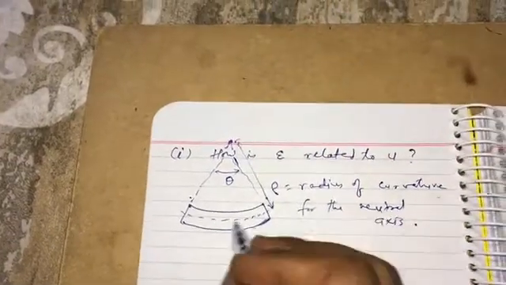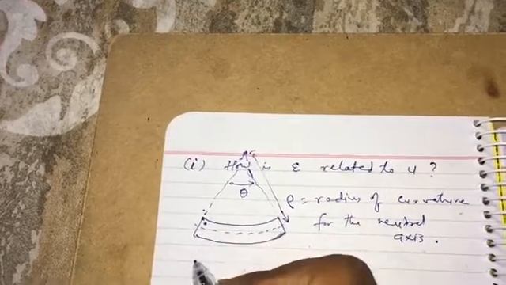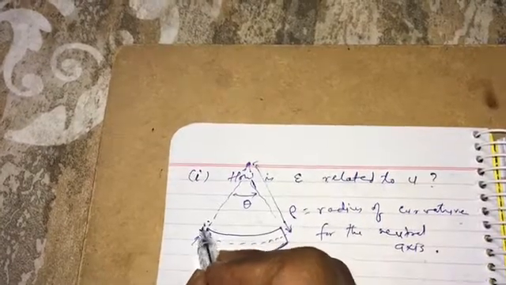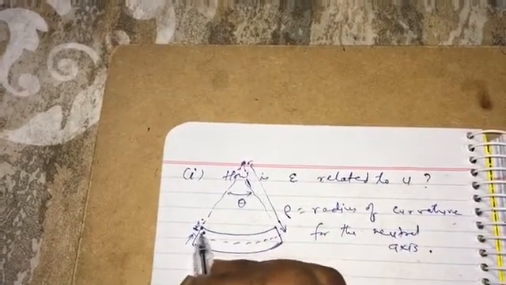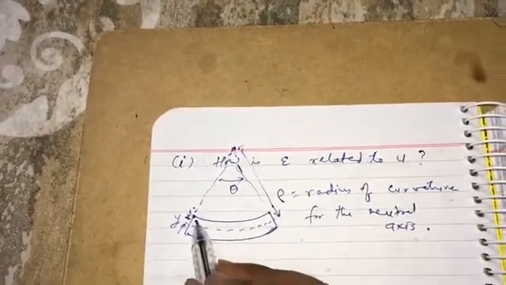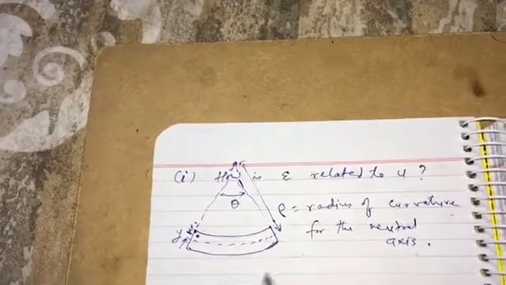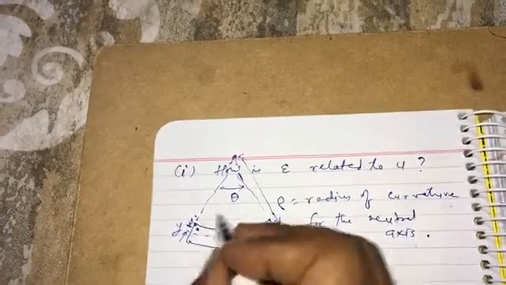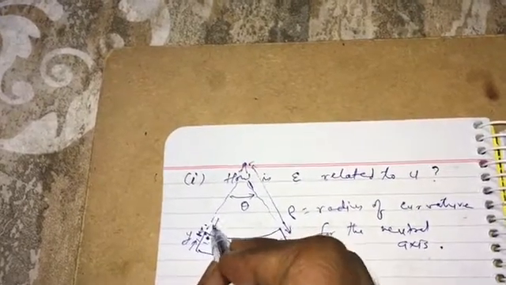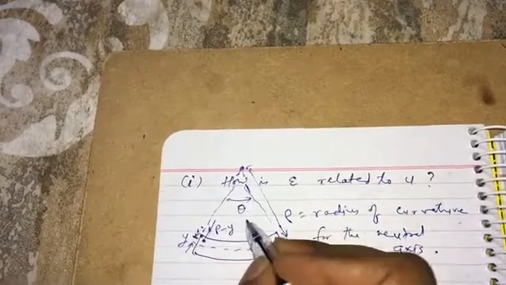Now let's consider a point here. Let us say this distance is u. From here to here it's y. So consider that point. The radius of curvature for this point will be rho minus y.